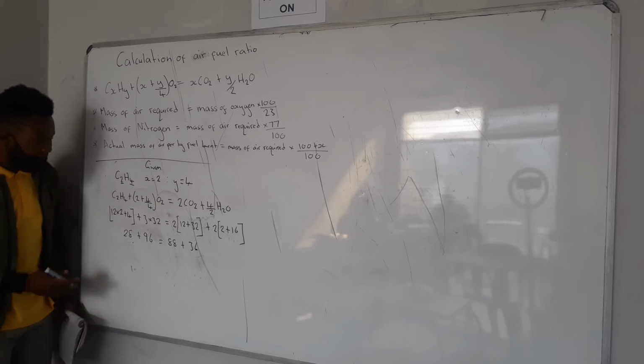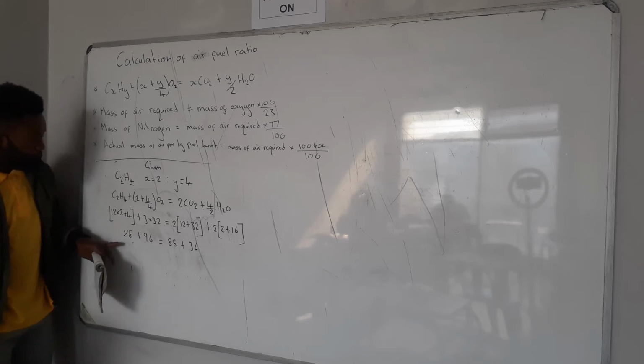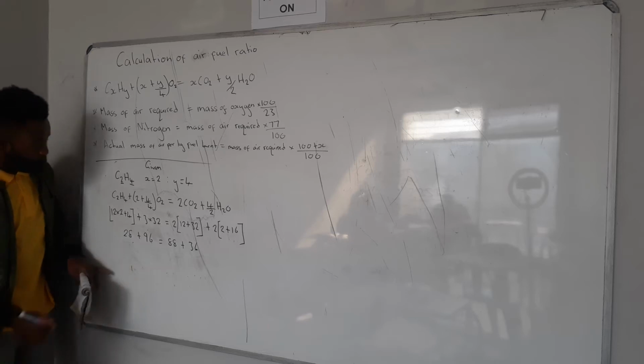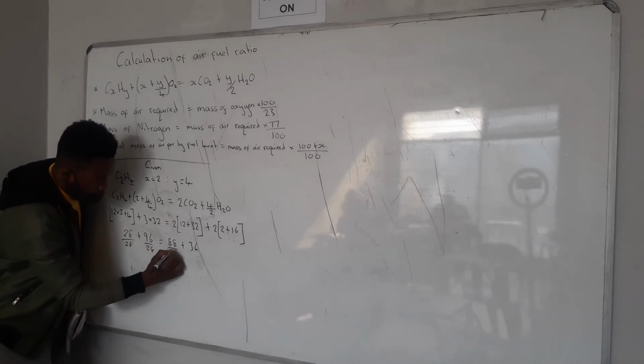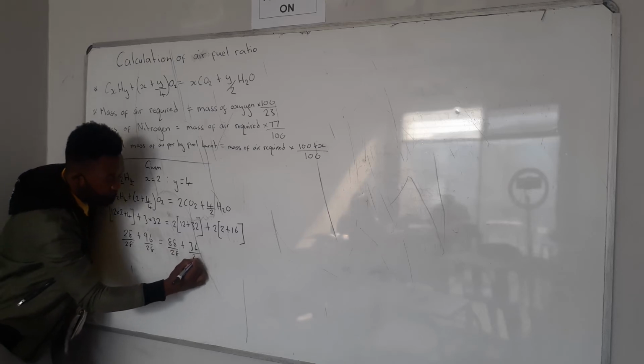balanced, isn't it? And I said when it's balanced, the next thing you are going to do is divide everything by the first value, which is 28. So I divide everything by 28.